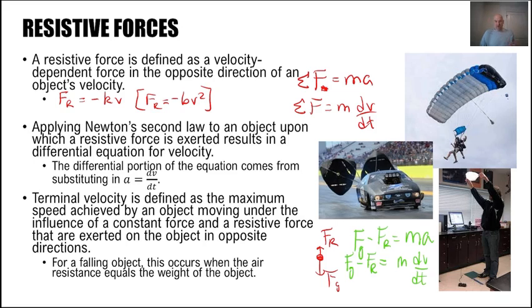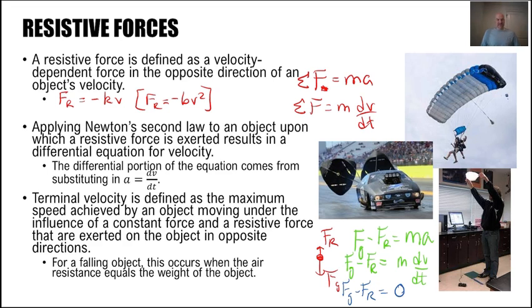So this would be your part B, what I just wrote: Fg minus Fr equals m dv/dt. That is a differential because the dv/dt exists in that equation. So at terminal velocity, this becomes 0, so Fg minus Fr is equal to 0. They're equal to each other, and then you just go about solving it.